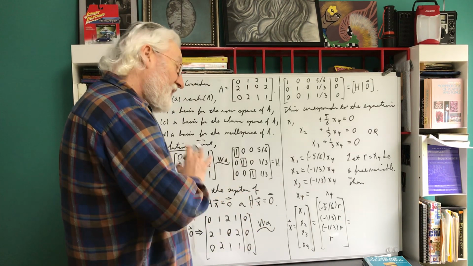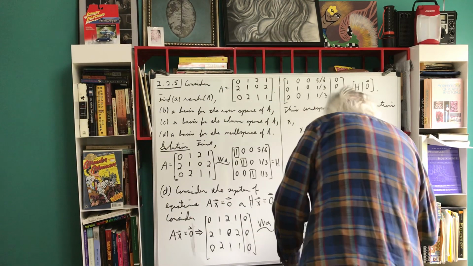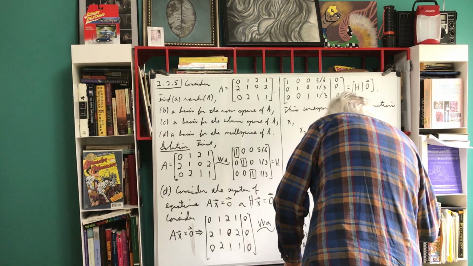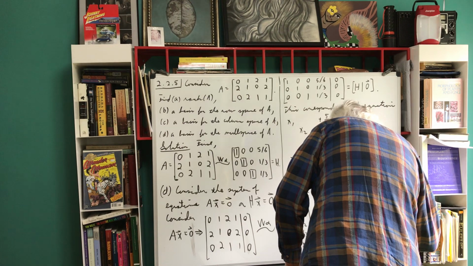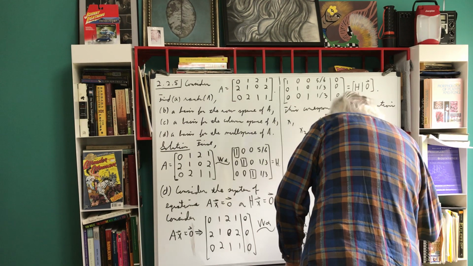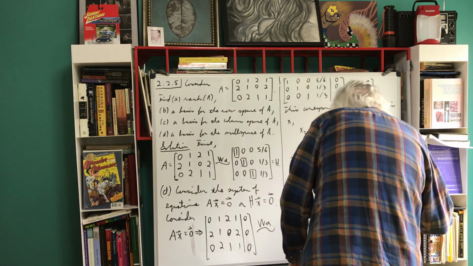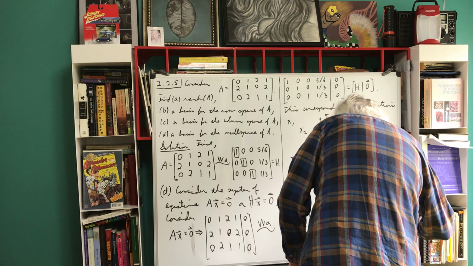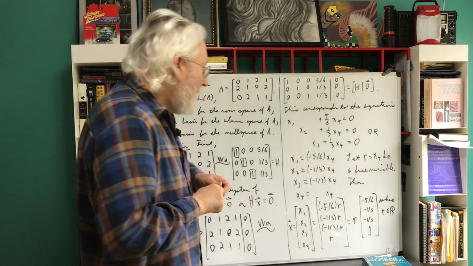Or make it look more like spans. Remember, a basis is a linearly independent spanning set. Let's bring the r out front, and then we'll have r times negative 5/6, negative 1/3, negative 1/3, and 1. I need to tell you where the r comes from, where r is an arbitrary real number. So there's a solution to the systems of equations.